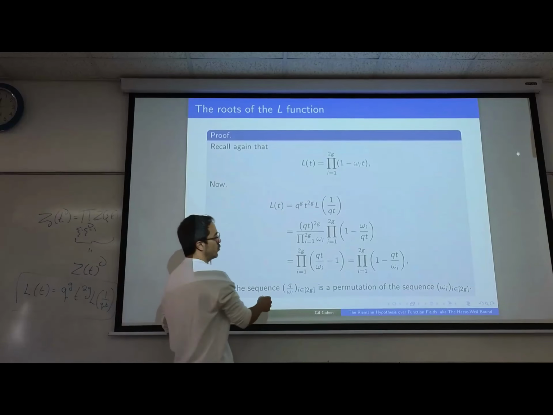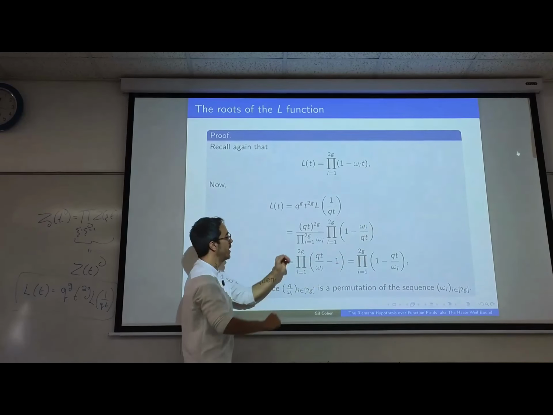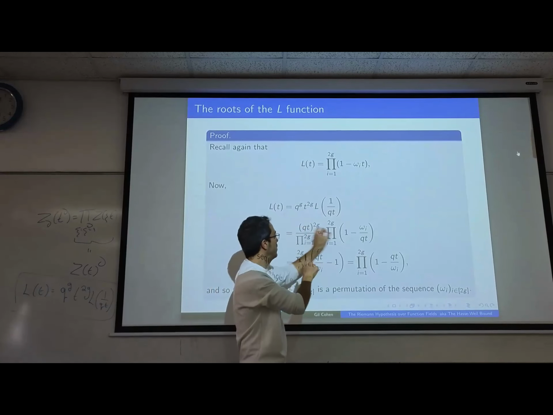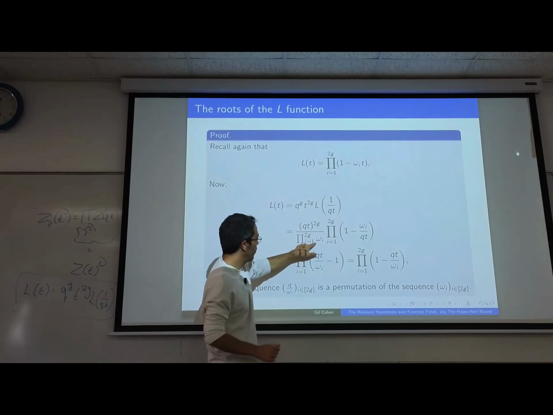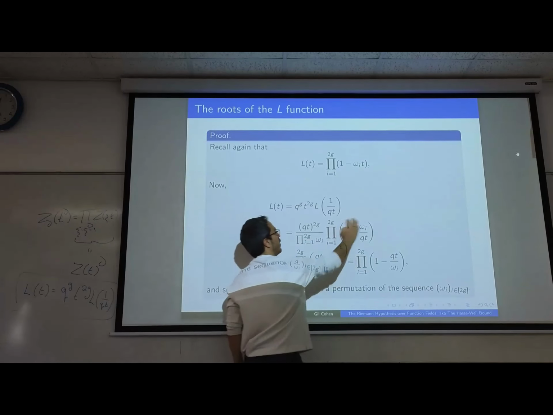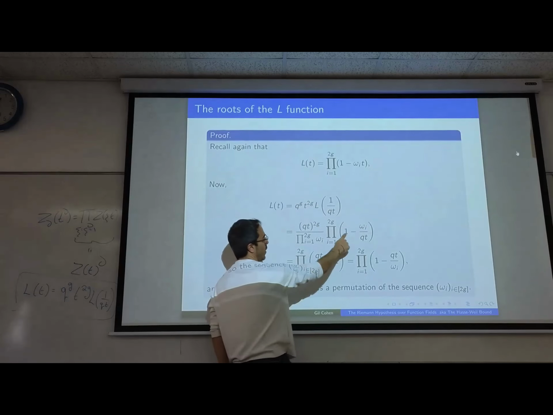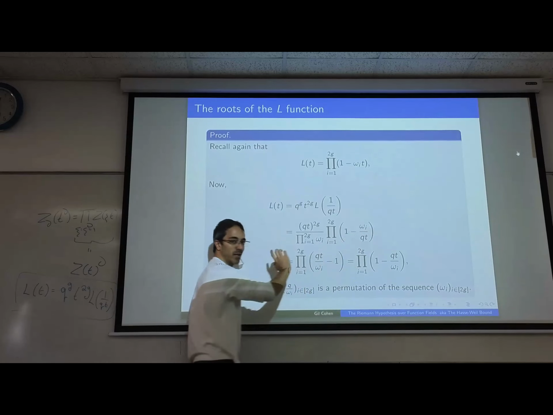And now I'm going to push everything into the product. So like qt, I disperse one qt to every term in the product. And also I'm going to plug the omega i into the right product. So I'm multiplying every term here by qt over omega i. So that's why the 1 becomes qt over omega i, and the inverse of that becomes 1.